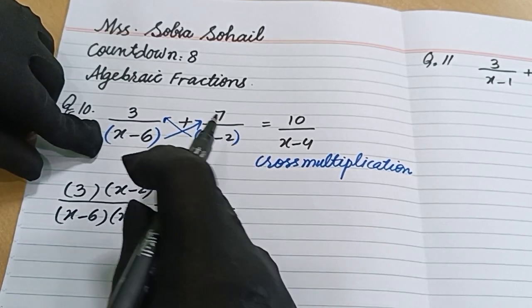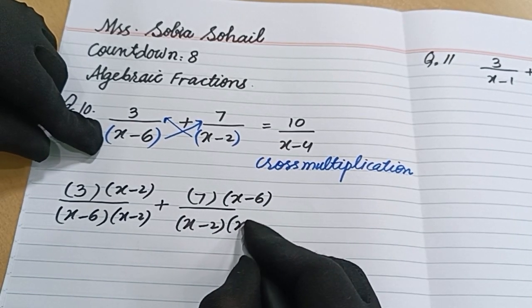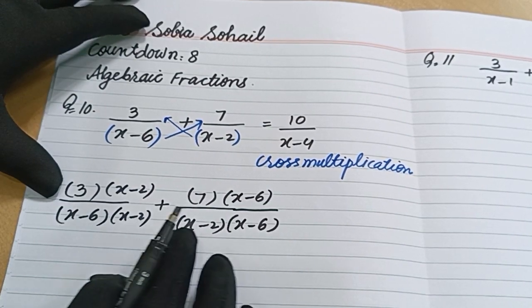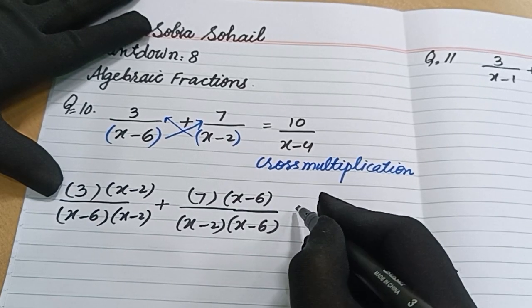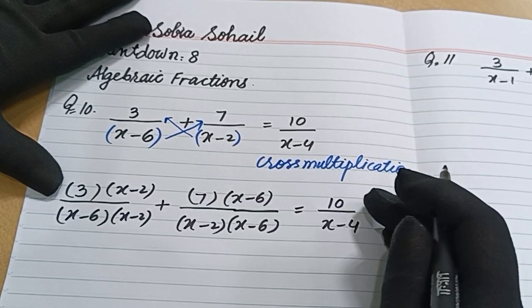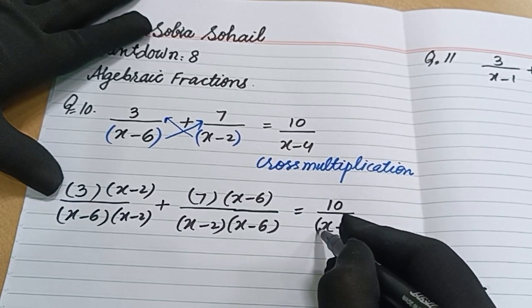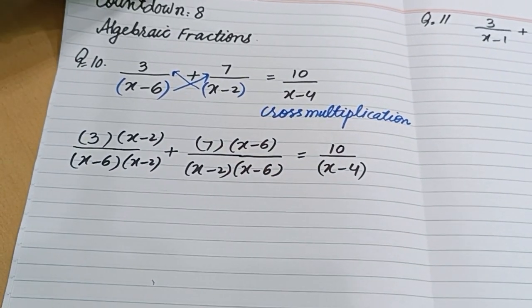Now x minus 6 multiply up and down with this fraction, x minus 6 and x minus 6. Check both the denominators are same, x minus 2 here, x minus 6 here, both are same. This side of the equation will stay as it is, because you cannot solve numerator, you cannot solve denominator at this step, so keep them as it is. I will put the bracket around them.